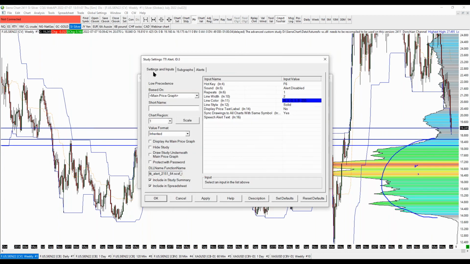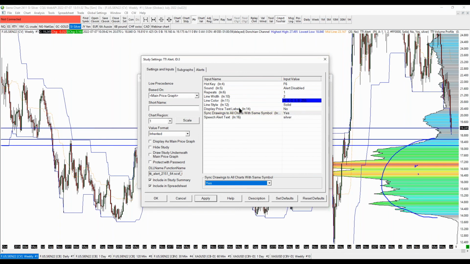You can use your own words, or sorry, whatever you want it to say. You want to say silver, so you can say silver, apply, and you can say sync drawing to all charts. So all silver charts will have the same line.